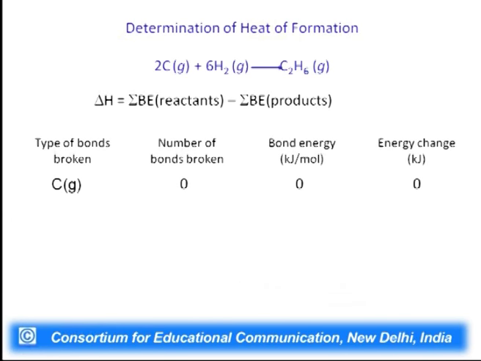Now you see that for C gas, when it goes to product, the number of bonds broken is 0, bond energy 0, energy change 0. For H-H, you need to break this bond. There are such bonds, so number of bonds broken is 6, and if bond energy is BE(H-H), then the energy change is 6 BE(H-H).